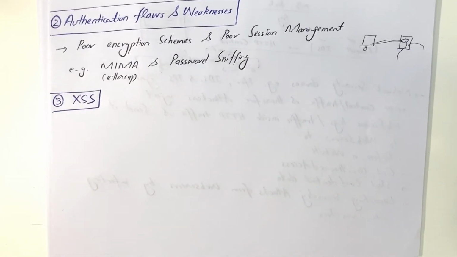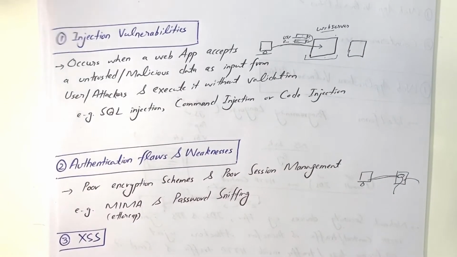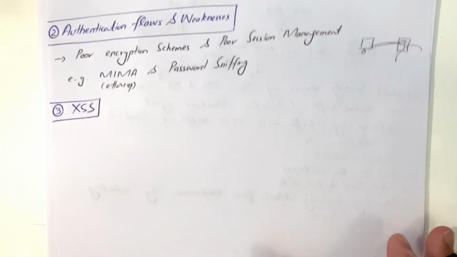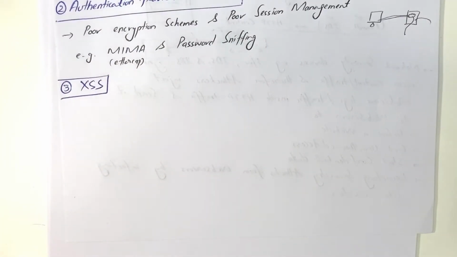Number 3 is cross-site scripting. Just like the injection vulnerabilities, cross-site scripting is basically where a web server accepts untrusted input from the user.